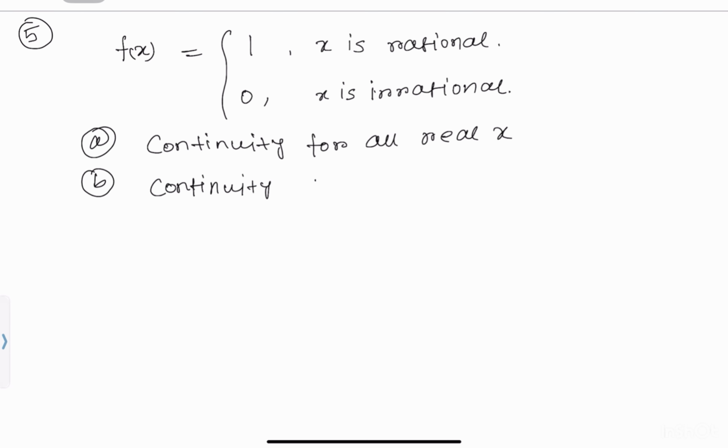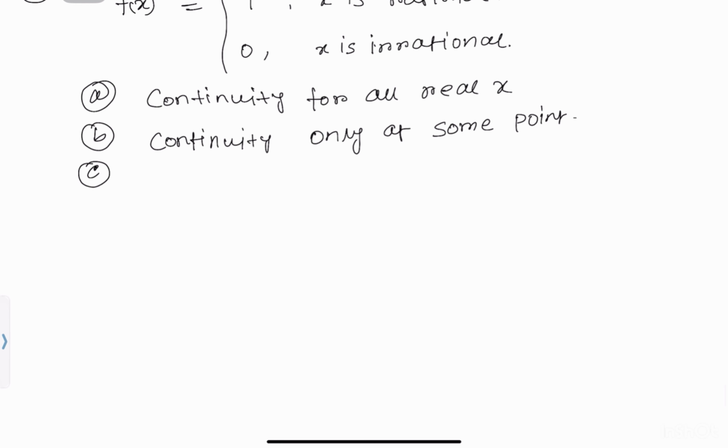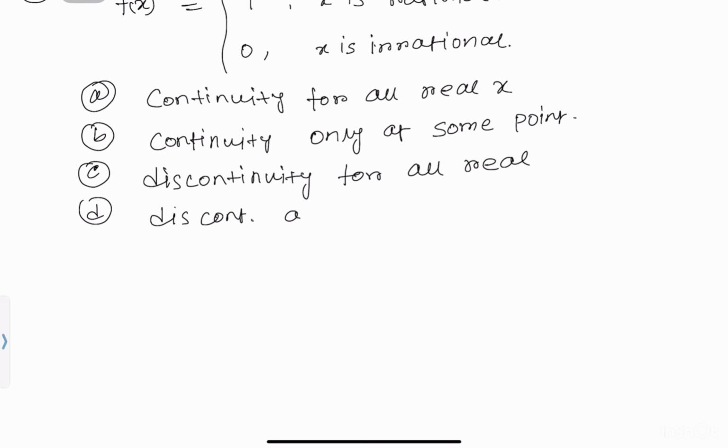Third option, discontinuity for all real numbers. And D option, discontinuity at some point.